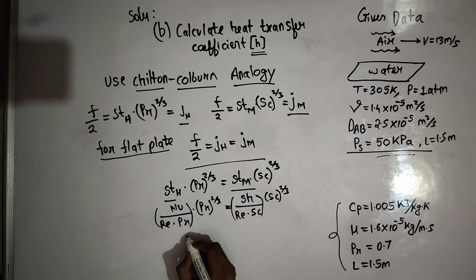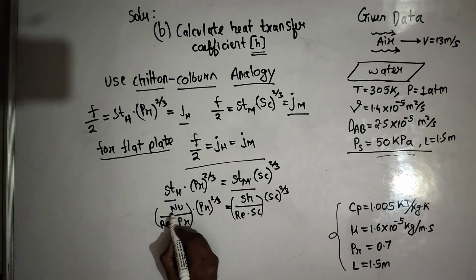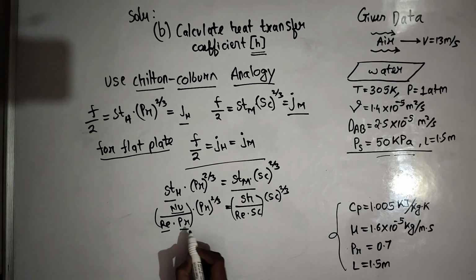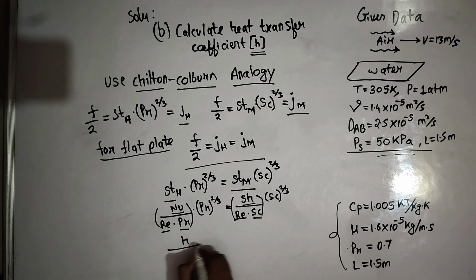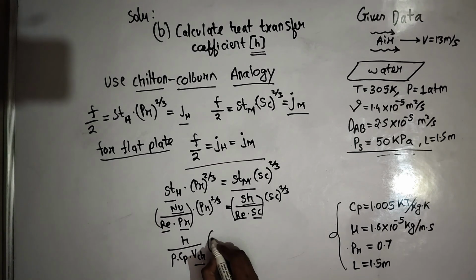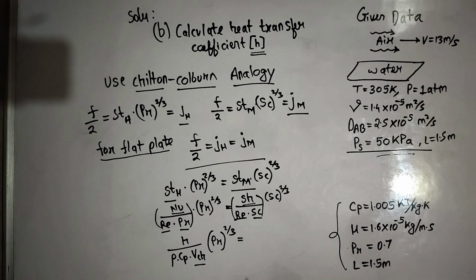We can substitute the values of the following dimensionless numbers. By substituting the values of these numbers, we get it as heat transfer coefficient upon density into heat capacity into V, into Prandtl number to the power 2 by 3.